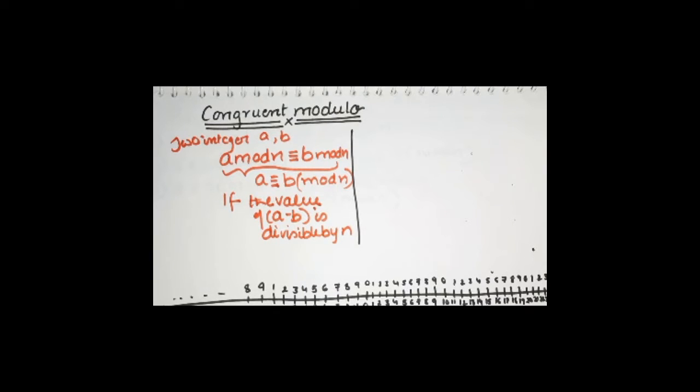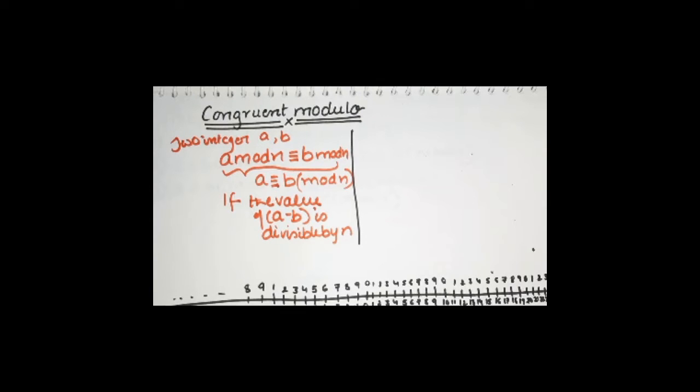So A is congruent to B mod n only when you do the subtraction A minus B and it is divisible by n, then it is said that A is congruent to B mod n.